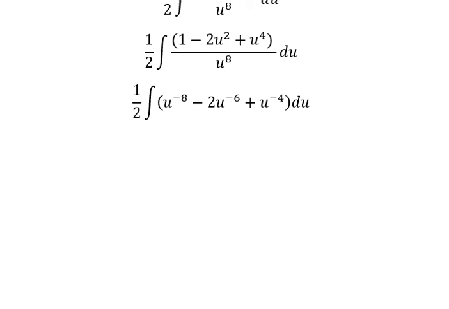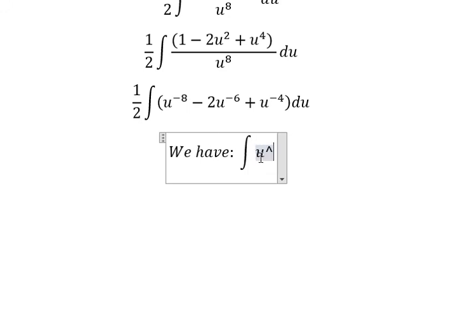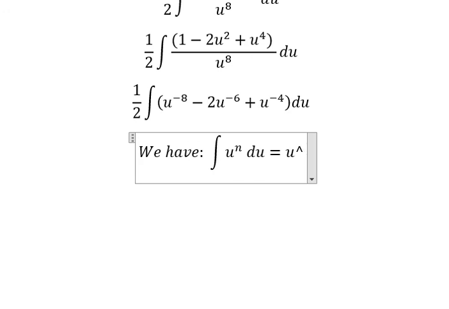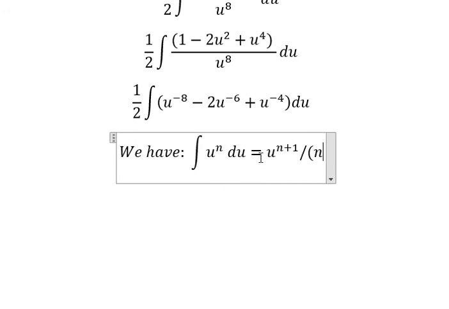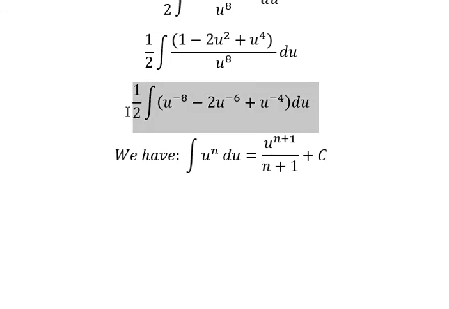And now we apply the formula in here. The integration of u to the power of n du, we have u to the power of n plus 1 over n plus 1, and we put c. Now we can apply this one here.